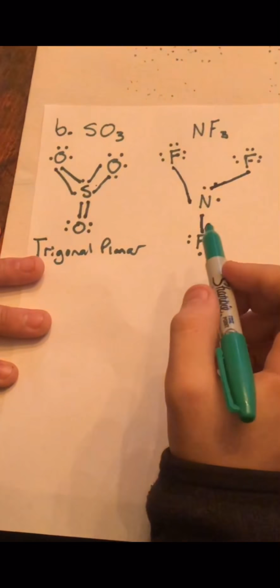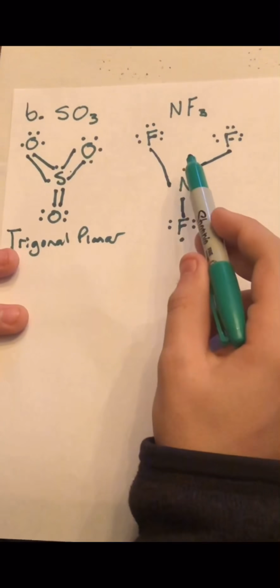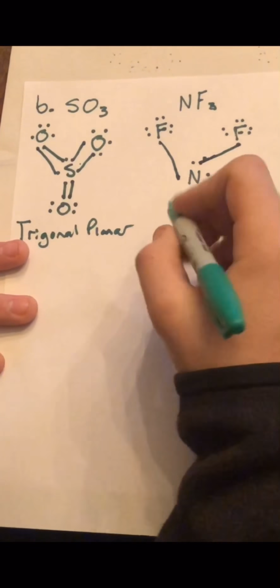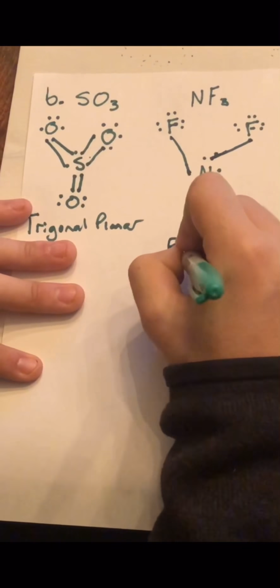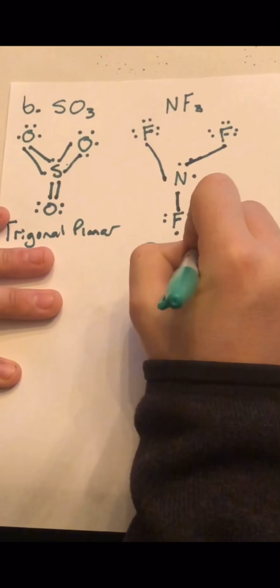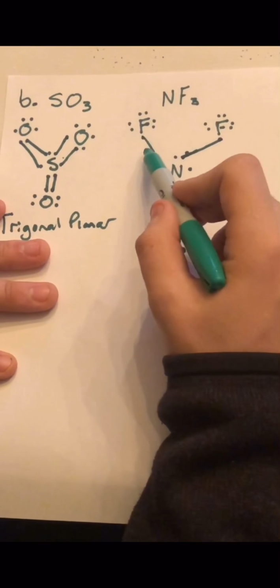By doing so, nitrogen is receiving its 8 electrons. It can be determined that the structure is pyramidal because of its 3 bonds and 1 unshared pair.